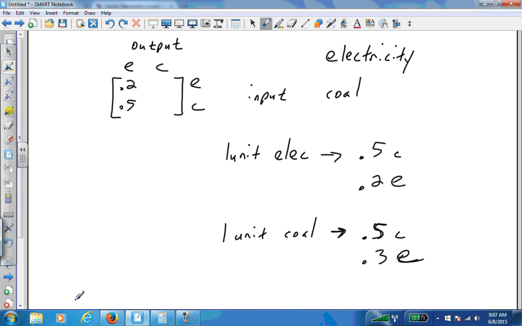And now I'm just making some numbers up, so these may or may not make a whole lot of sense as far as actual production. But just follow where we're going with this, and then the numbers you're given might make more sense. If we're dealing with outputting coal, then we have to input coal and electricity.